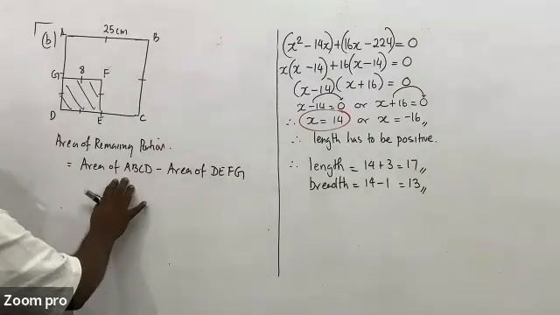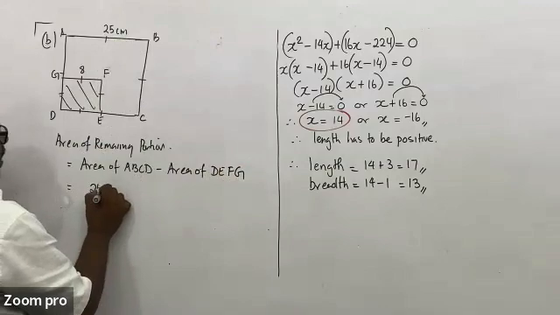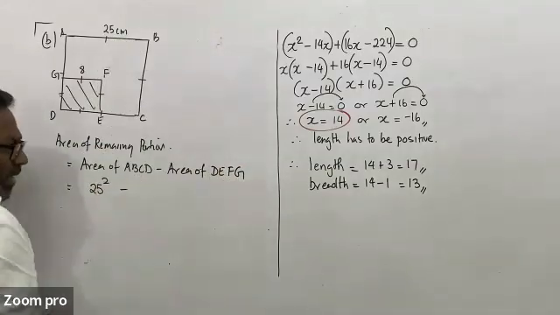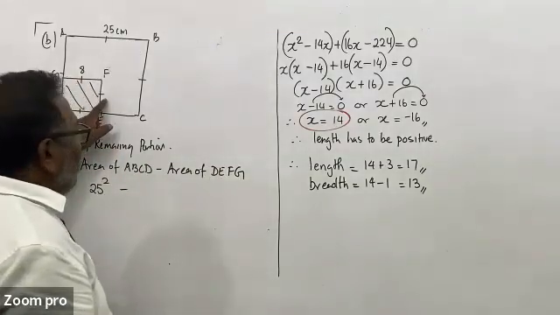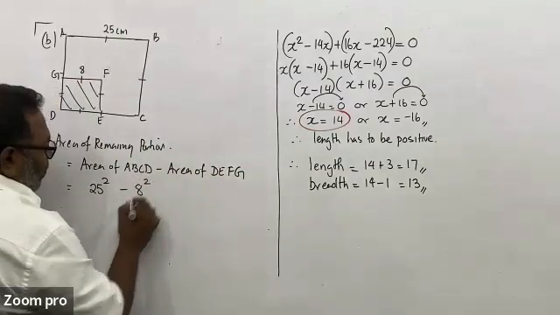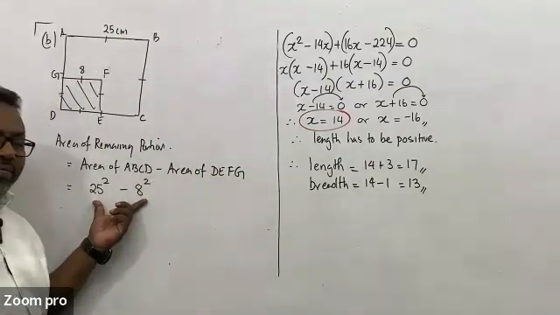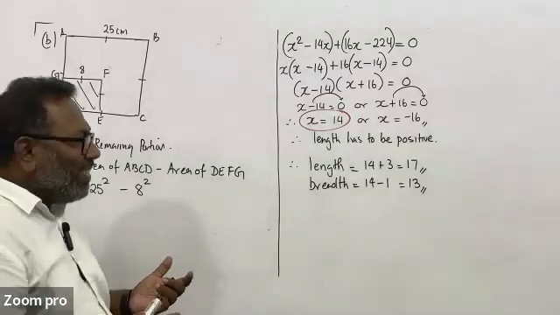So what is the area of ABCD? 25 into 25, which is 25 squared, minus area of DEFG is what? 8 into 8 will give you the area of this. So 8 squared. What do we have? Difference of squares. Yeah, difference of squares, easy.